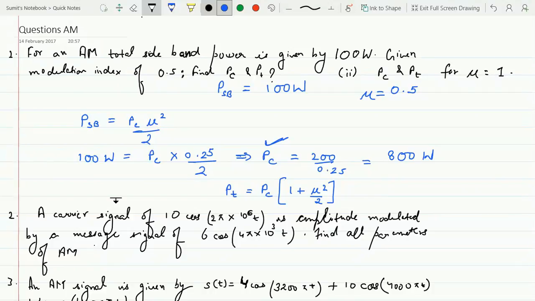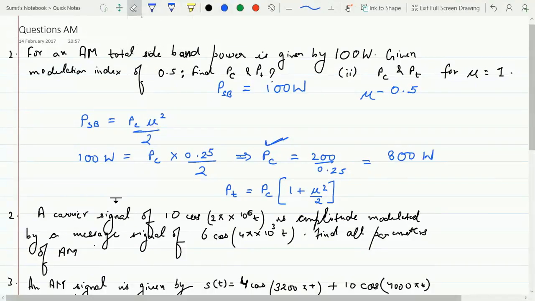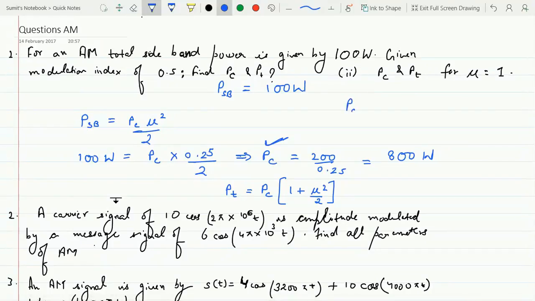You can directly say that because carrier power does not depend on the modulation index, you don't need to find carrier power again. The carrier power remains the same, 800 watt, but the total power would change.